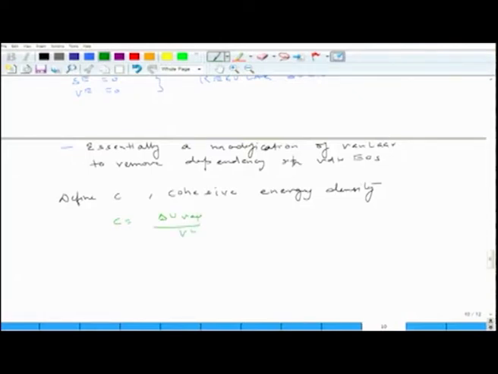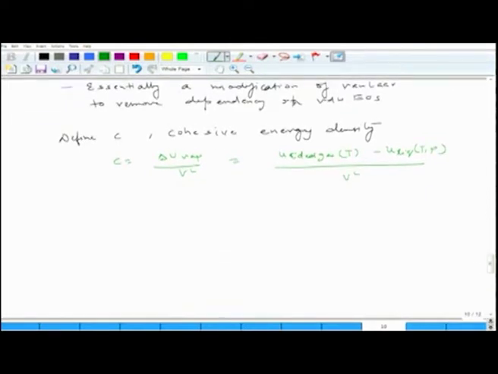So, this is the formalism of the cohesive energy density, where V^L is the molar volume, and delta U vap is nothing but the difference between the internal energy of the ideal gas at T and the internal energy of the liquid at T. So, essentially the internal energy of the liquid with reference to the internal energy of the ideal gas at that temperature, that is the cohesive energy.